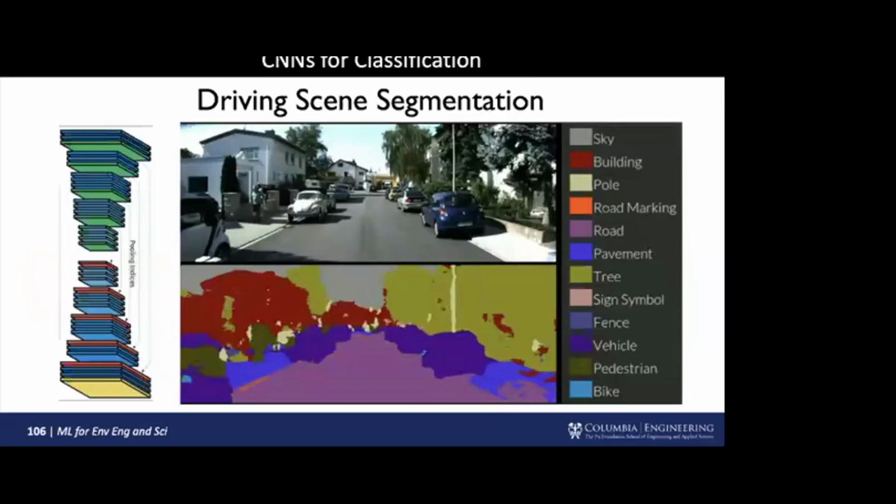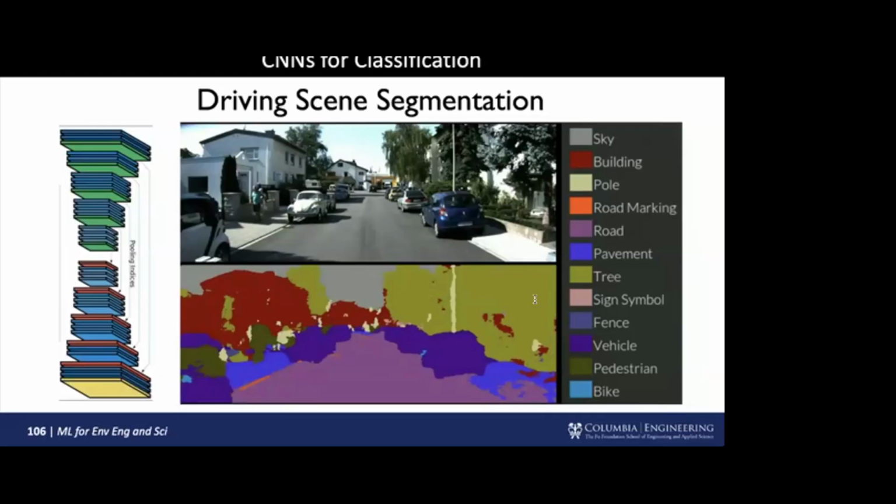Now, a real-world application. Here is a practical example, driving scene segmentation. The model takes a raw street view and color-codes every element, distinguishing between the road, which is in purple, the vehicles in blue, and pedestrians in brown.